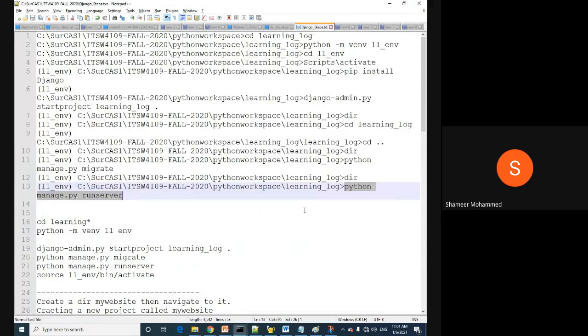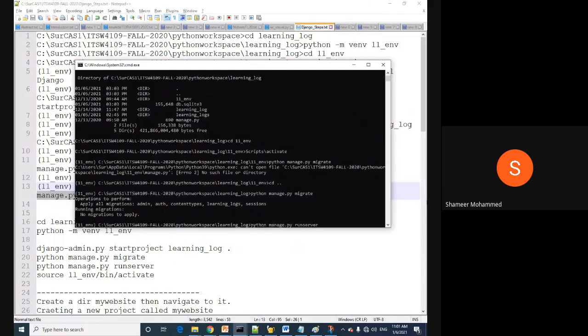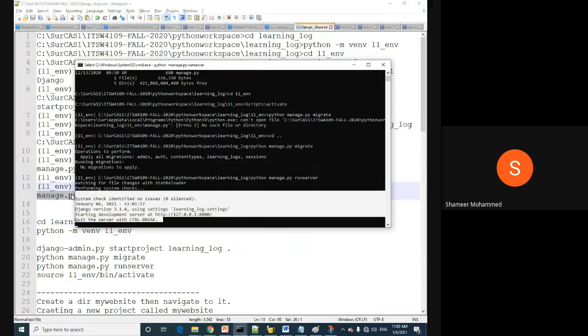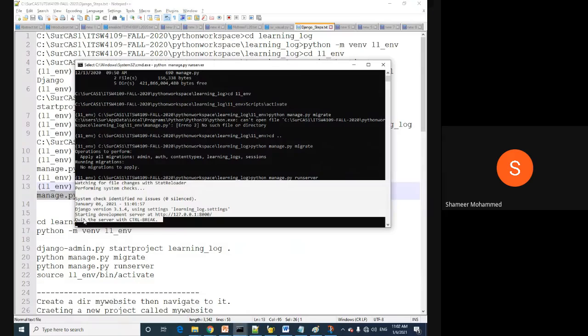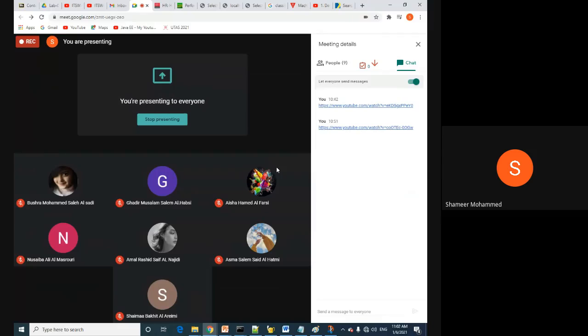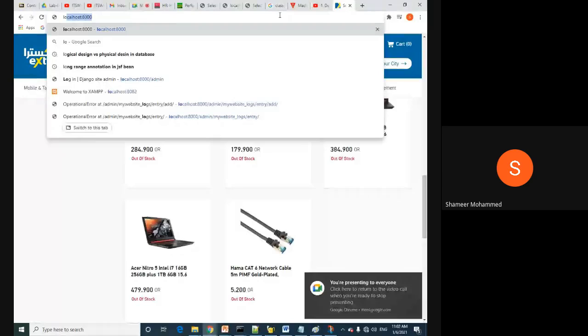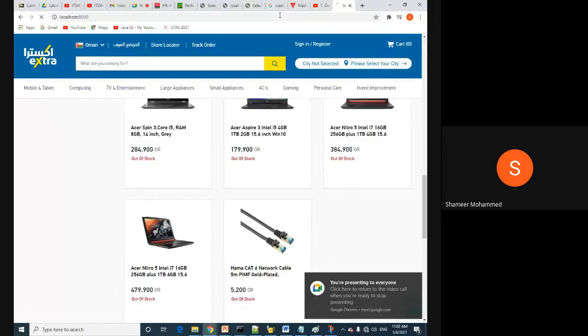Use the command. Done, now see, if it is running successfully, you will get this message: starting the development server at this IP and this one. Now you go to the browser and type localhost colon 8000.